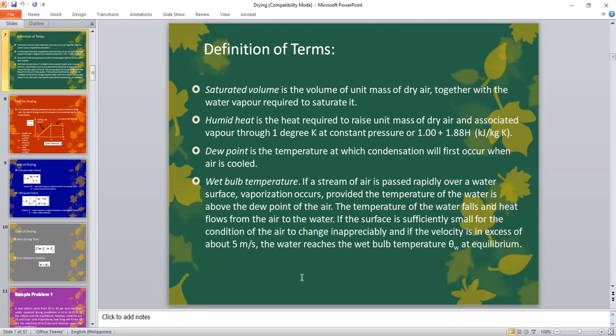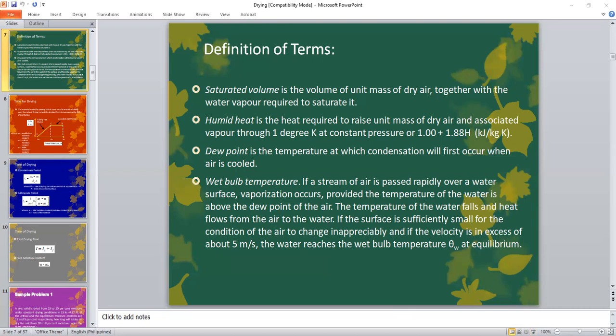This is represented as theta with the subscript W, the wet bulb temperature at equilibrium. This wet bulb temperature and dew point temperature are often discussed in detail in psychrometry. I think it was also covered in your thermodynamics or probably in your physical chemistry, so just go over them again. This part of the slides is just being reviewed.